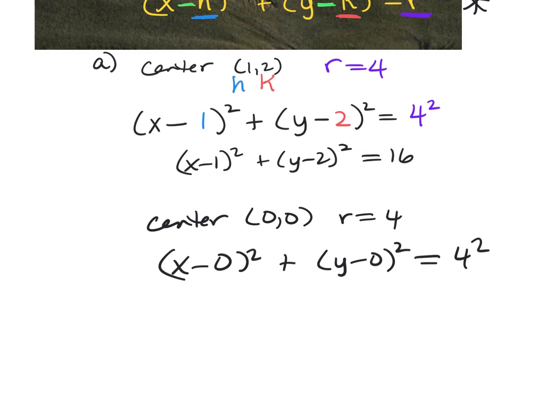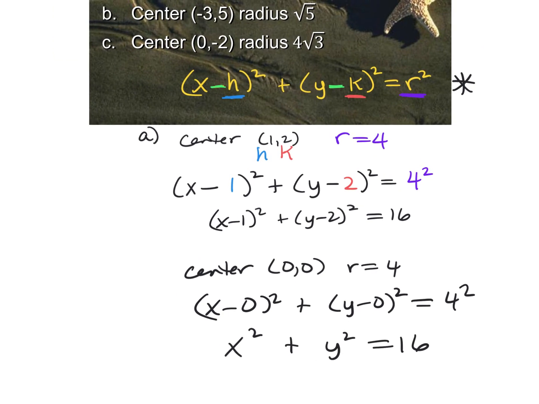And then x minus 0 is just x. And that's how it turns into this. So if you prefer just to memorize this one equation, and then just remember if the center is 0, 0, eventually it will just simplify to an x squared, y squared. Pretty good? Let's try example B.